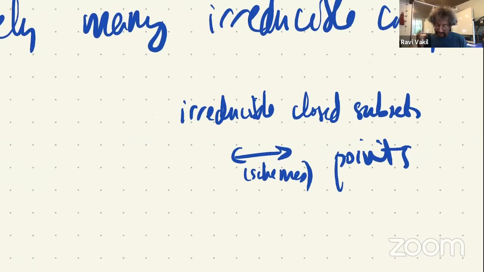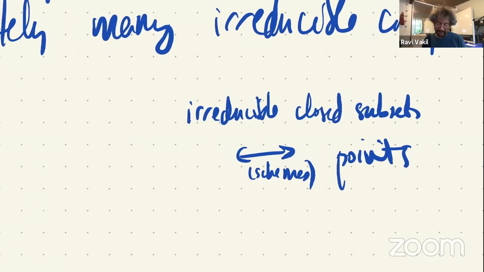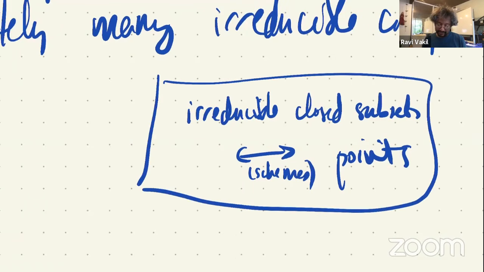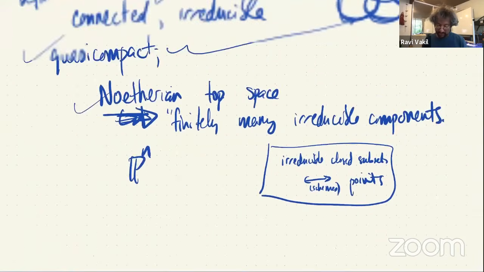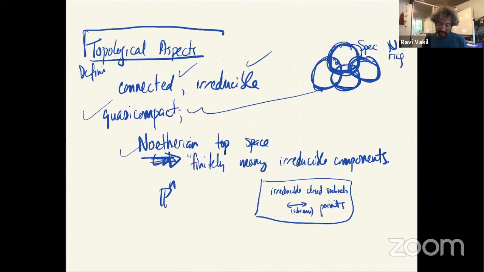Varieties have only the closed points of the schemes. From every point, you get an irreducible closed subset by taking its closure, and conversely, every irreducible closed subset has a generic point. It's a unique point whose closure is that subset. So the topological aspects are completely the same.